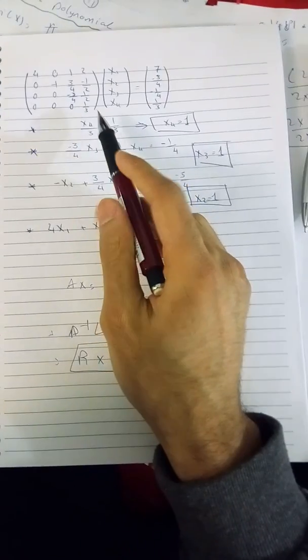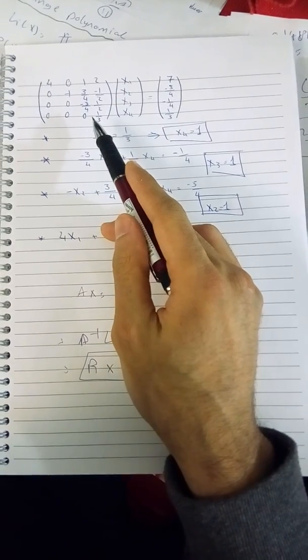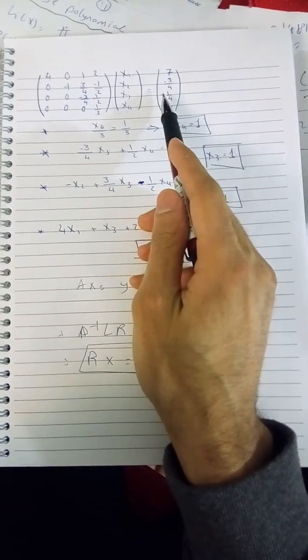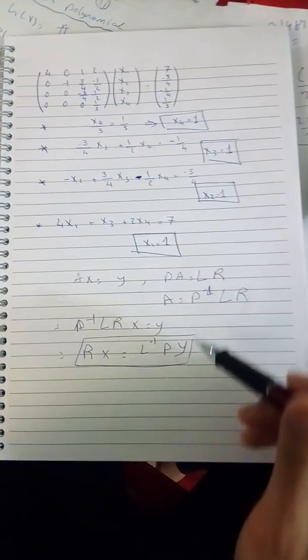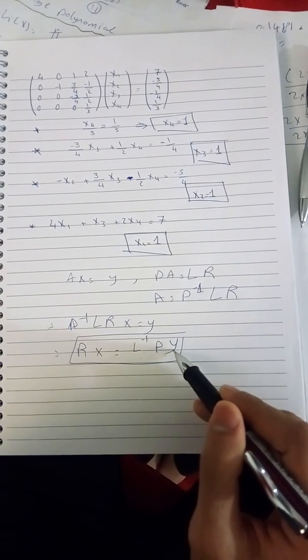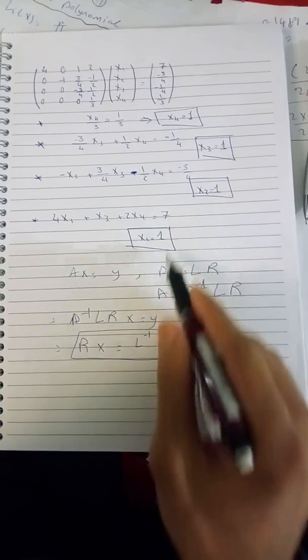And here now we have the system of the Gauss elimination in this form: Rx equal y, but it's not y, it's y multiplied by p multiplied by L inverse.